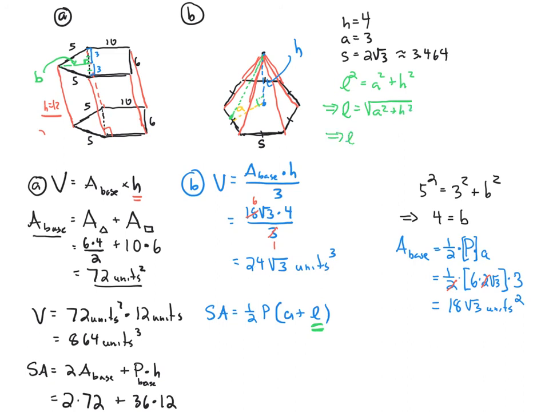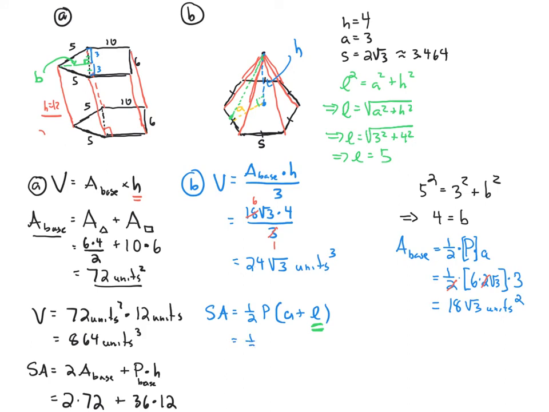So in this case, L is the square root of 3 squared plus the height squared, which is 4 squared. And you can calculate this to find that L is indeed 5. So that's great. We have our slant height. We can just plug everything in. Okay, so let's go ahead and do this.